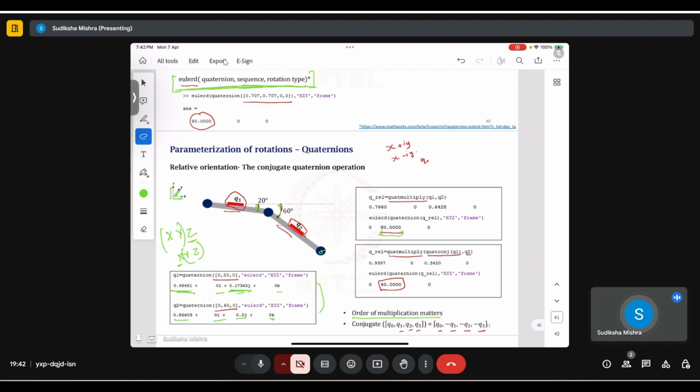Using these two complex numbers, you might multiply them and you get the sum of both of these angles, or you can multiply the conjugate of q1 with q2, and you get the difference between these two angles.